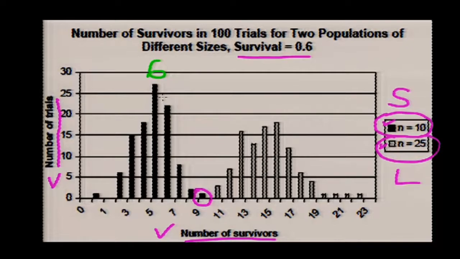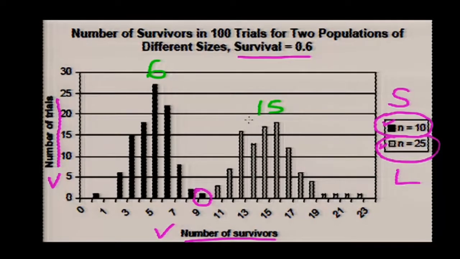So that's 60% of 10. We would have 6 out of 10 surviving from one time period to the next, let's say for our pandas over 1 year. For our larger population here, 60% of 25 would be 15. So we would expect to have 15 individuals survive out of the 25.